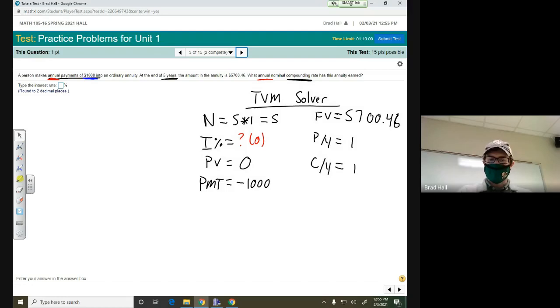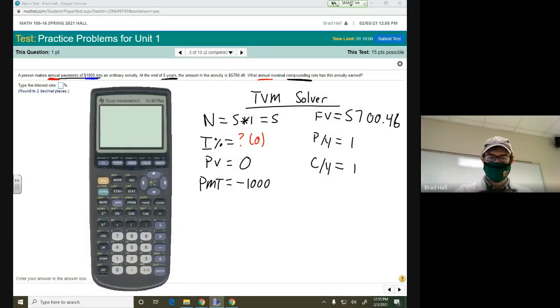So with all of that established, go straight into the TVM solver. 5 for N, placeholder 0 for I, 0 for PV, negative 1,000 for PMT, 5,700.46, 1 and 1.